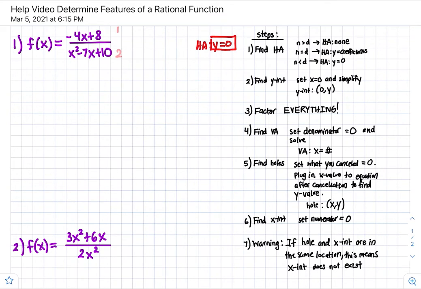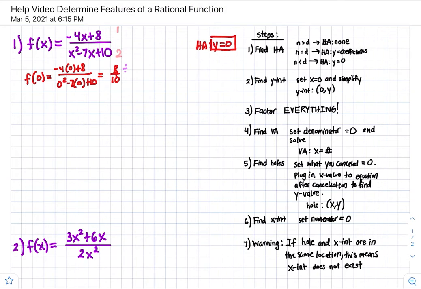Now the next step, finding the y-intercept, which is setting x equals 0, simplify, and the y-intercept is going to be 0, y. So let's substitute 0 in for x. Everywhere we see an x, it now gets replaced by 0. When you simplify this, you get 8 over 10.